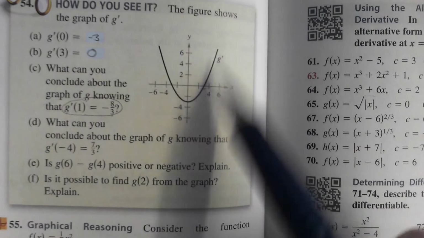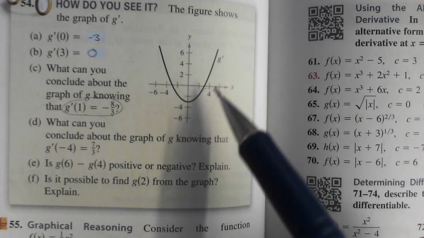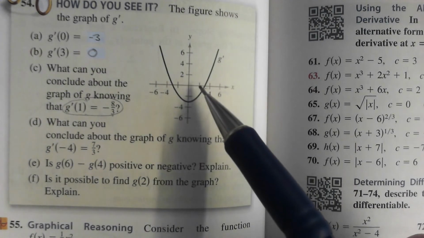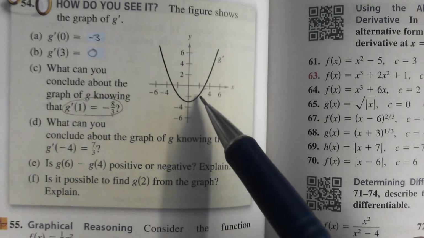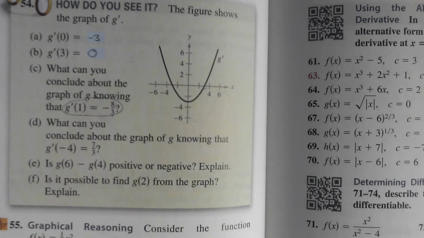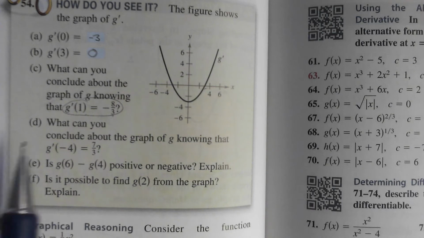So again, this is not our original graph. This is just the graph of the derivative that contains the point 1, -8/3, which is -2 2/3. Abby said it perfectly. On the original graph, the slope at 1 is -8/3.